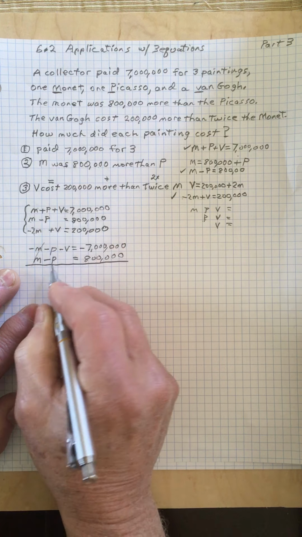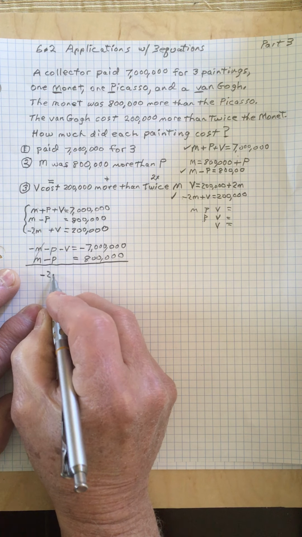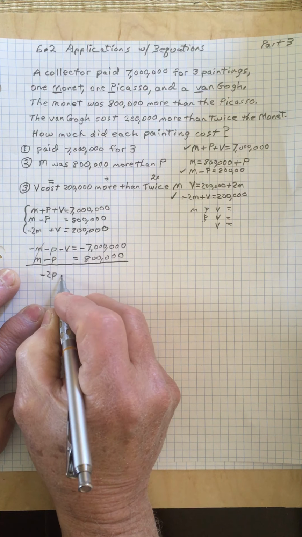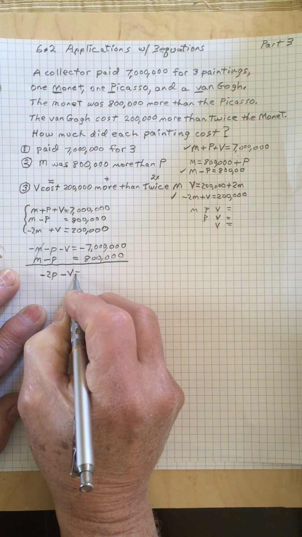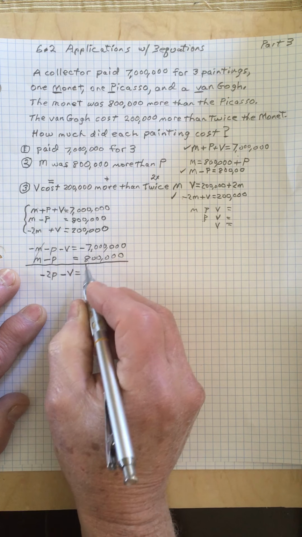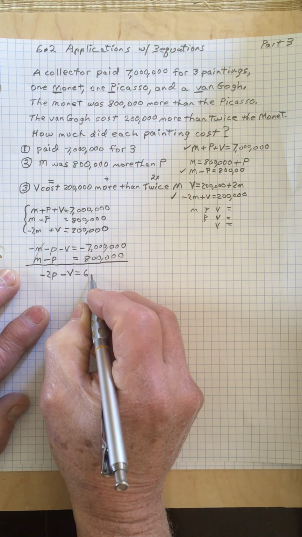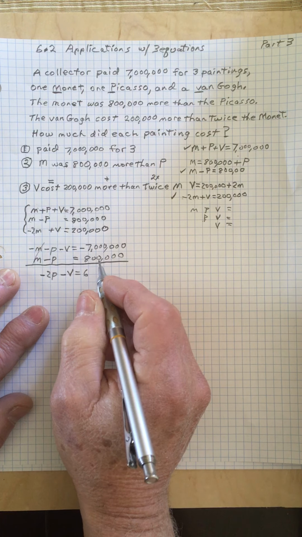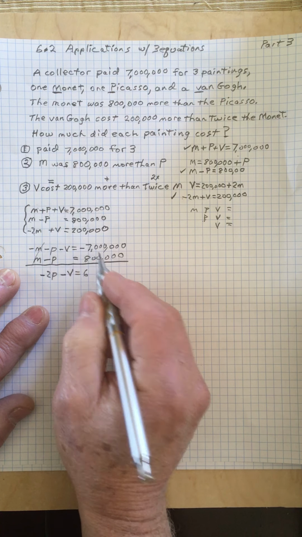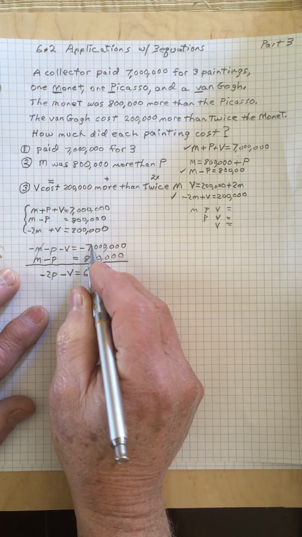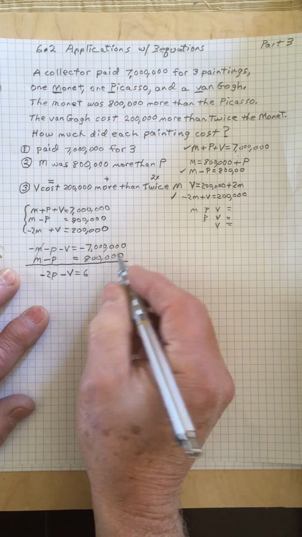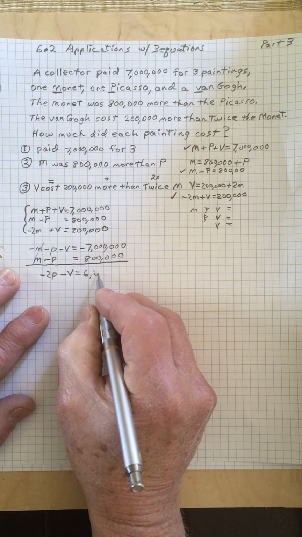So we got rid of the m's. I got minus 2p, and I got this minus v here, and here I have a minus 62,000. No, I'm sorry, yeah. 7 minus 8, okay.